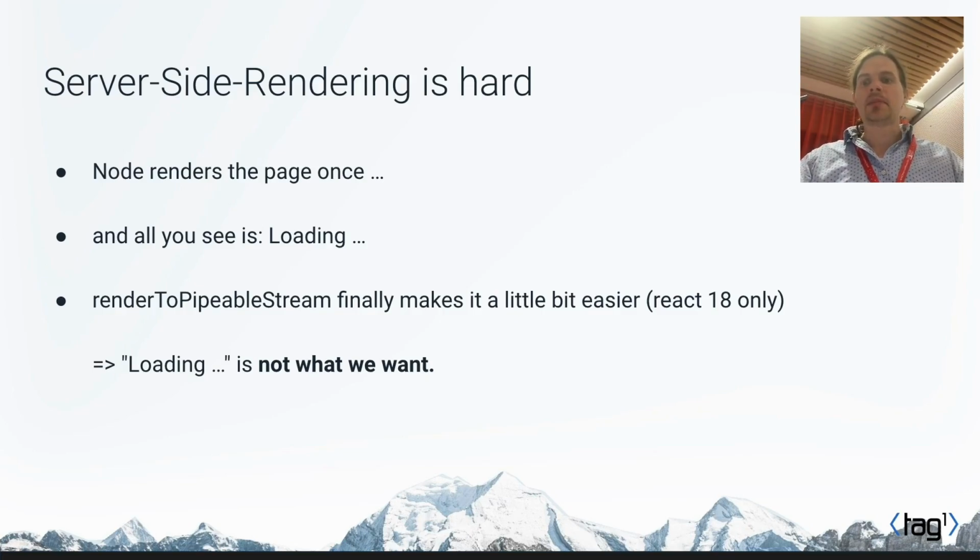It's gotten a little bit easier now with React 18. But the problem when we were doing that project was that we rendered the page once, and all we saw on that pre-rendered page was loading placeholders all over the place. That's not helping, because if Google sees loading, it wouldn't index that either. So that's not really what we want.